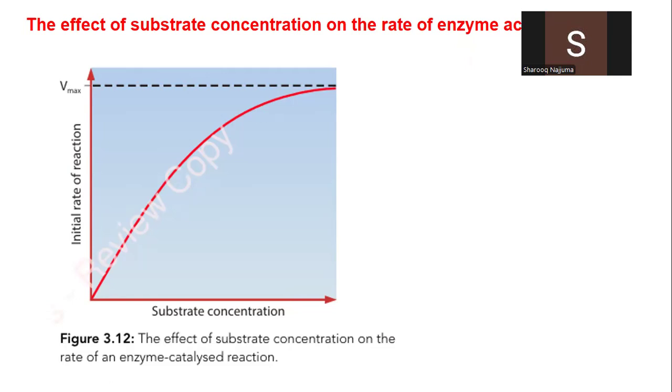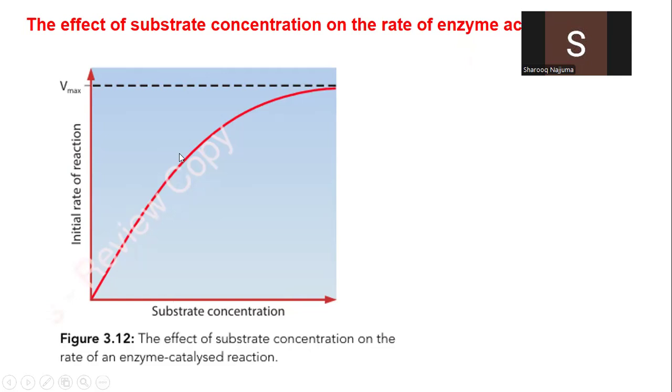Later, the initial rate of reaction was obtained, and we have such a graph that shows us how substrate concentration affects the initial rate of reaction. In this case, we can see that as substrate concentration increases, the initial rate of reaction also increases.